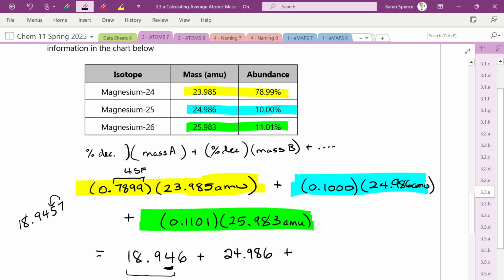And our last one is 2.8 something, 07, because I want 5 sig figs. Did I do that right? Oh, yeah. Oh, so sorry. 2.4.